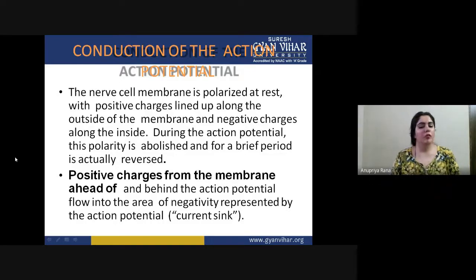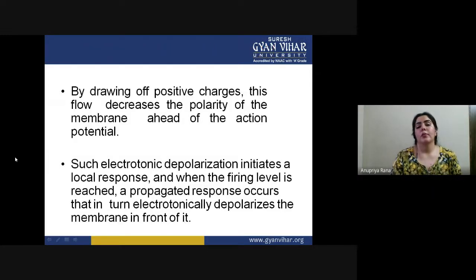Most of the time they are present inside the cell, like potassium, but when they go outside, that is called the current sink. By drawing off positive charges, this flow decreases the polarity of the membrane ahead of the action potential. So when the positivity is drawn off, it is obvious that the polarity will be affected, or you can say decreased.